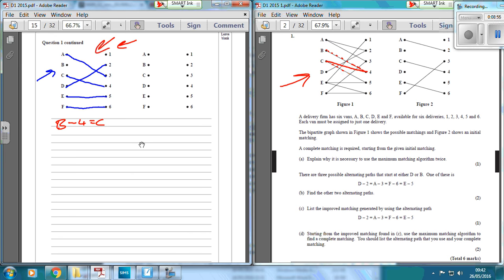Okay, so C can only be matched to 5 from there, and 5's already matched to E, and then E can go to 1, which is a breakthrough.